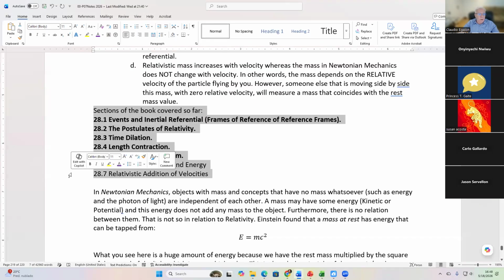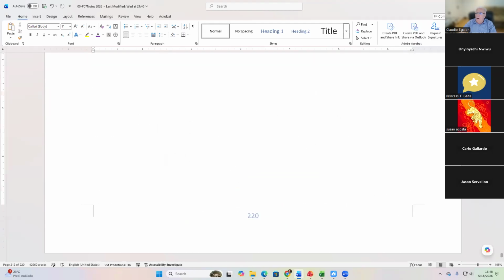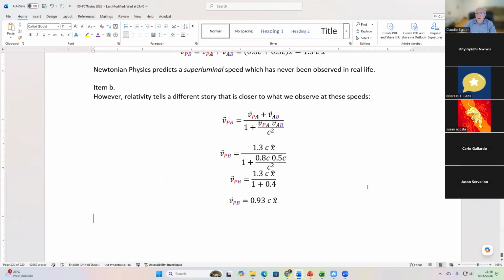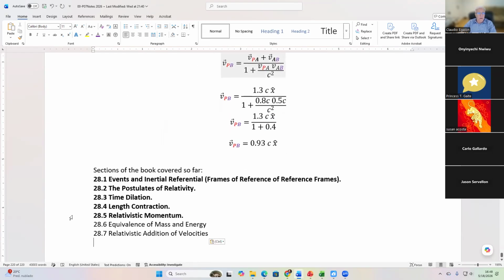Sections of the book covered so far. Equivalence of mass and energy. We did that, right? mc squared. And relativistic addition of velocities.